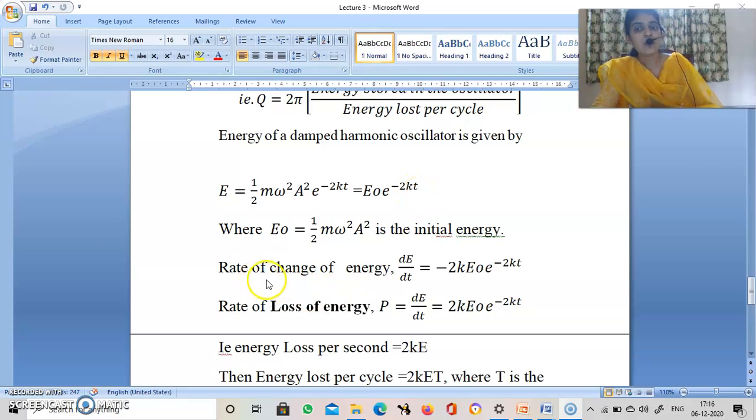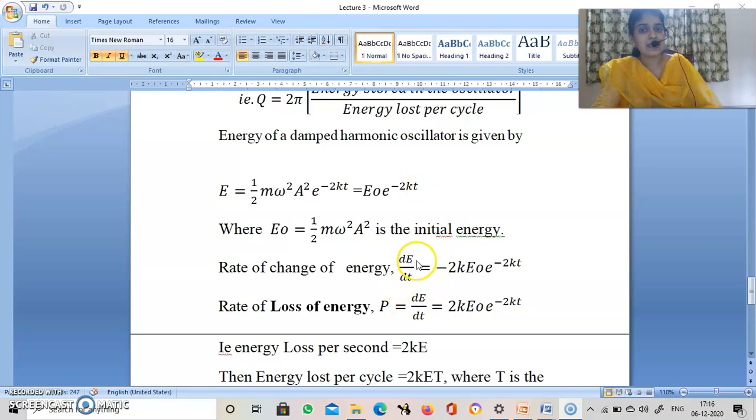Now I am finding the rate of change of energy, dE by dt, by taking the derivative of energy E with respect to t. So dE by dt is equal to E0 into minus 2k e raised to minus 2kt.